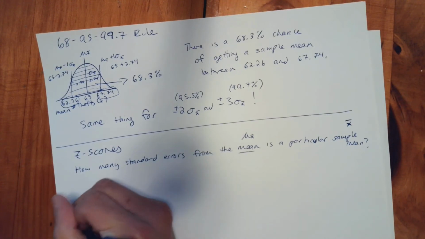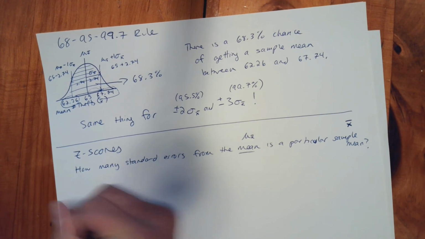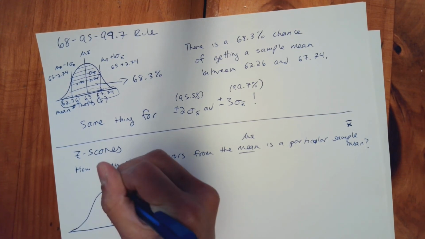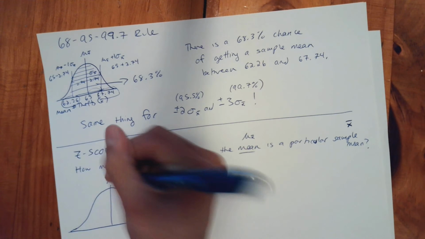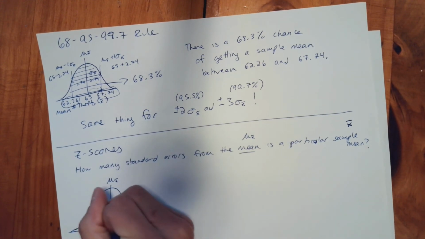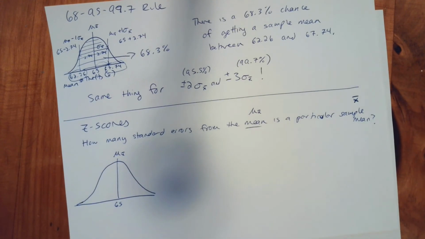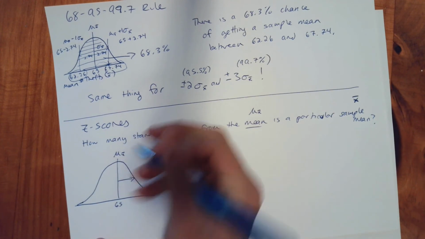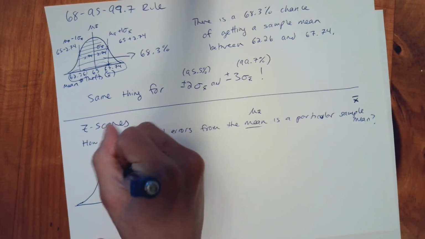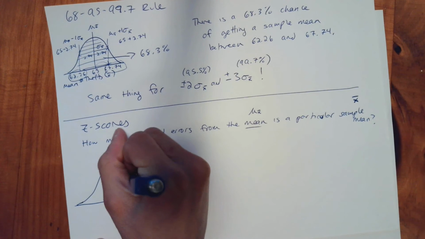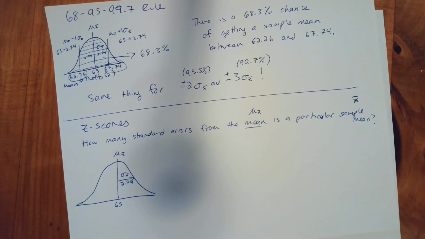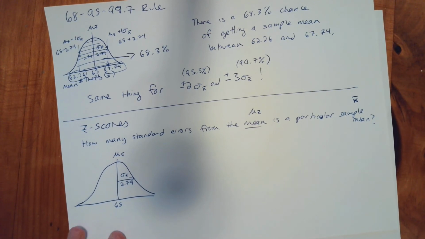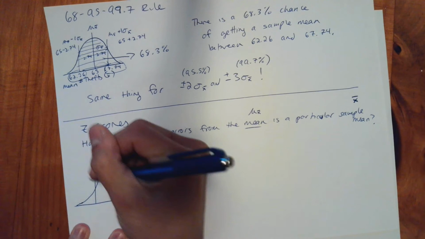And so I'll put up an example here as well, where our sampling distribution has a mean of 65, has a standard deviation of 2.74, and now we're interested in how many standard errors away from the mean we would be if we got a sample mean of 60.